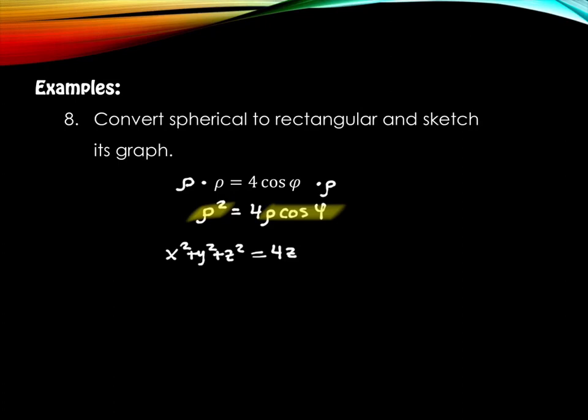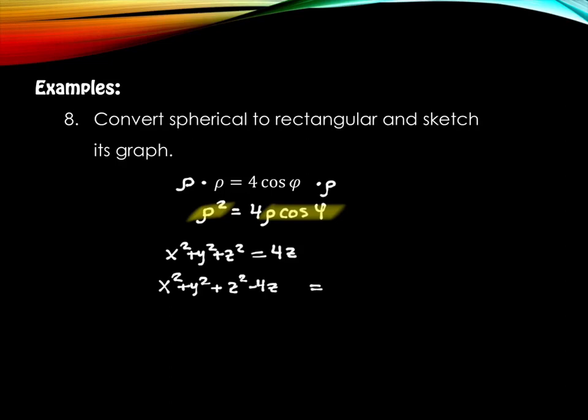Okay, now, if this problem just left us here, that would be fine. We've changed it. We've got the right variables in there, but now it also says we need to sketch. It's not really in the form that we've done for sketching, so we're going to manipulate it a little bit. We can move the 4z to the left. So I have x squared plus y squared plus z squared minus 4z.